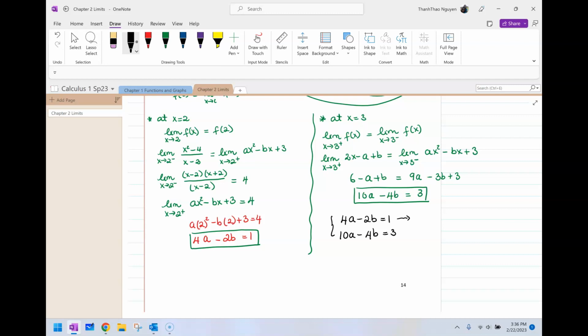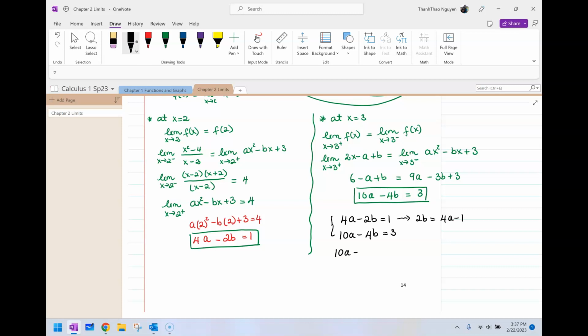4a minus 2b equals 1. So 2b equals 4a minus 1. I will substitute that into the second equation.